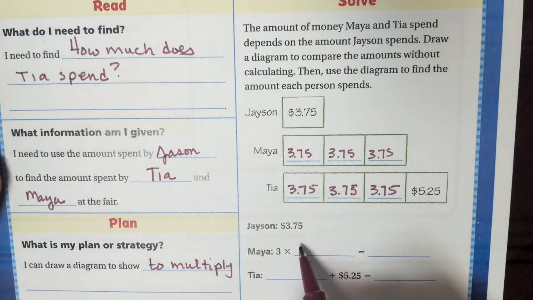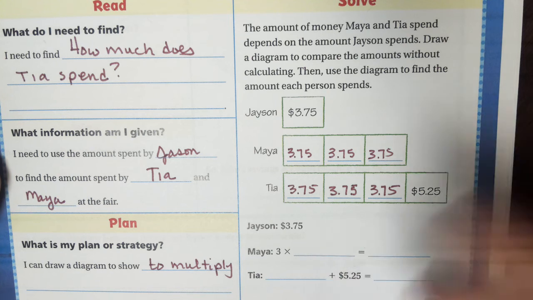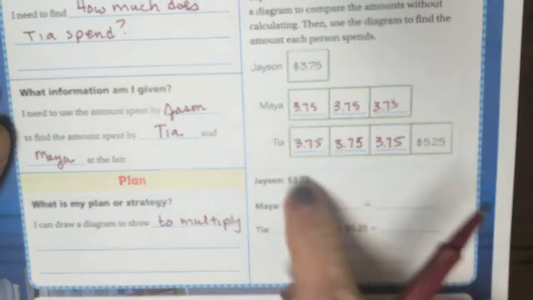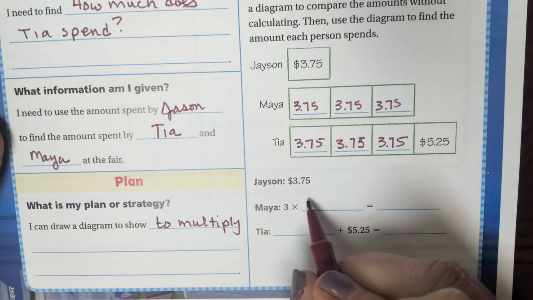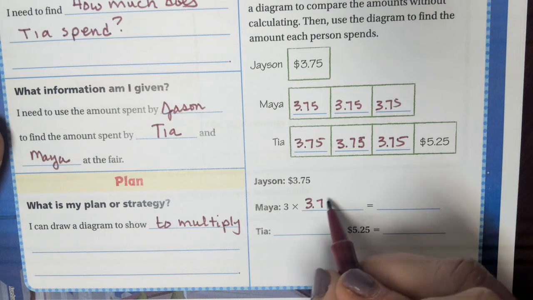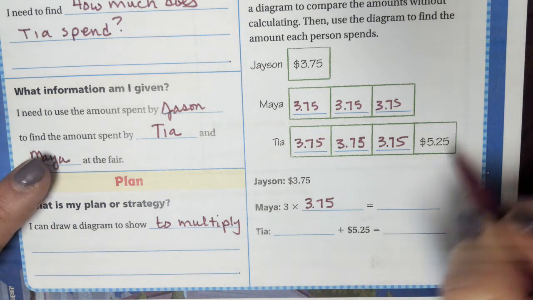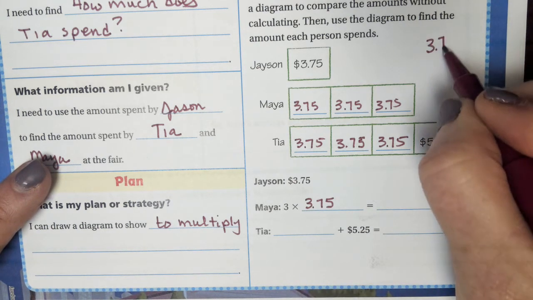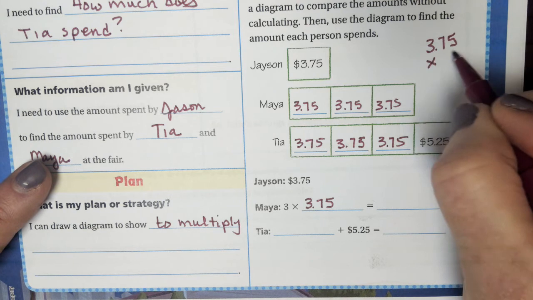Maya is going to be 3 times what? $3.75. So if you would, go ahead and multiply that. I'm going to do it right up here. $3.75 times 3.